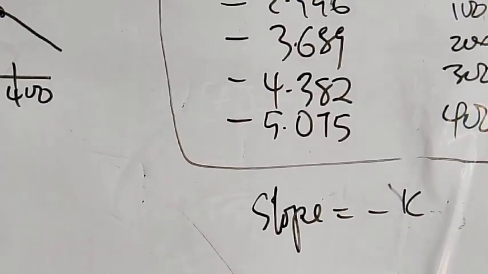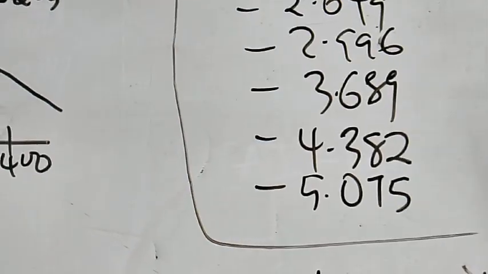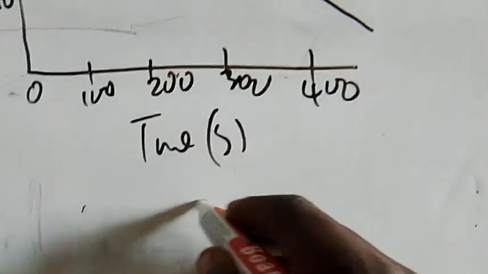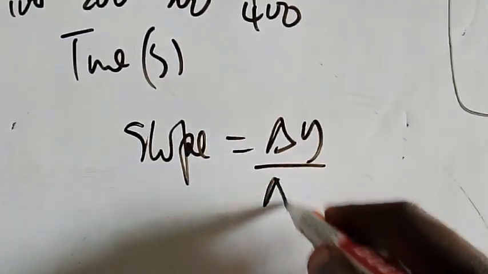So now we know that slope is equal to change in y. Slope is equal to delta y over delta x.